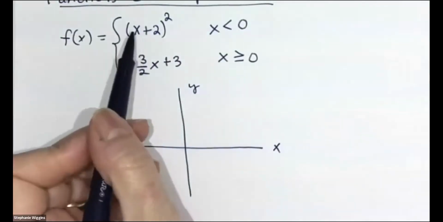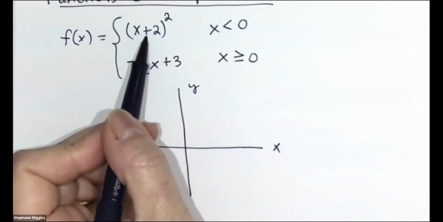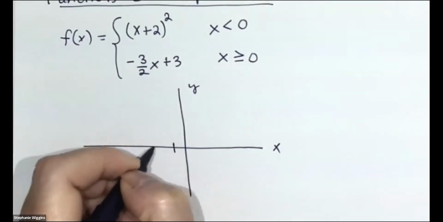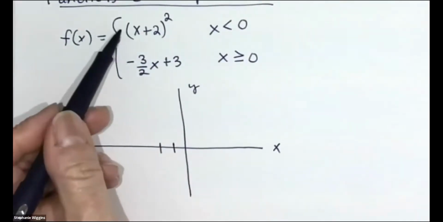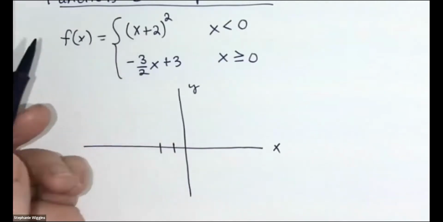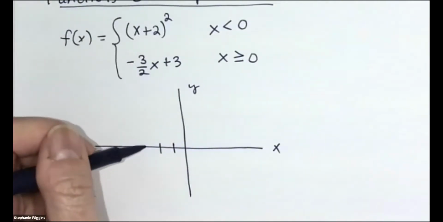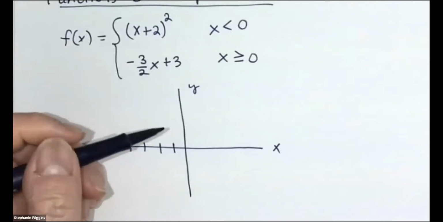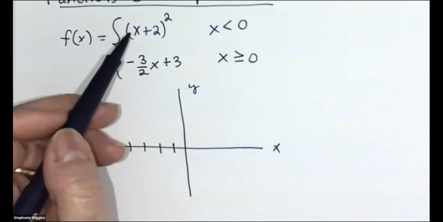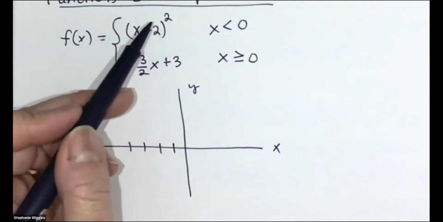Like I said, this is a parabola, and it's been shifted to the left by 2 units. And it opens up because the leading coefficient is positive. The square is what tells me it's a parabola. And when I plug in 0, I get 2 squared, that's 4.